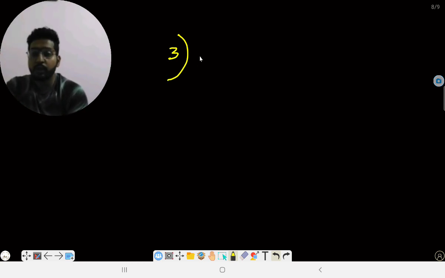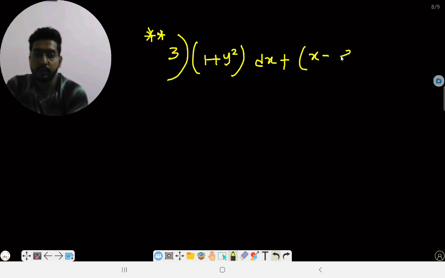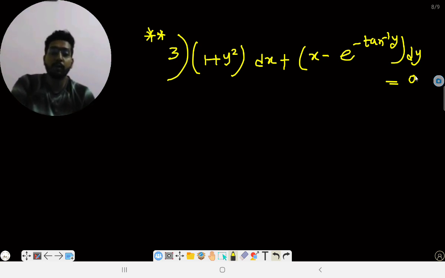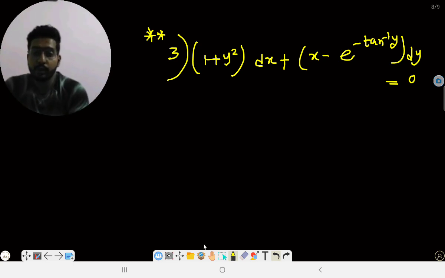This is a very important question, a very interesting problem: (1 plus y square) dx plus (x minus e to the power minus tan inverse y) dy equals 0. Okay, like this.